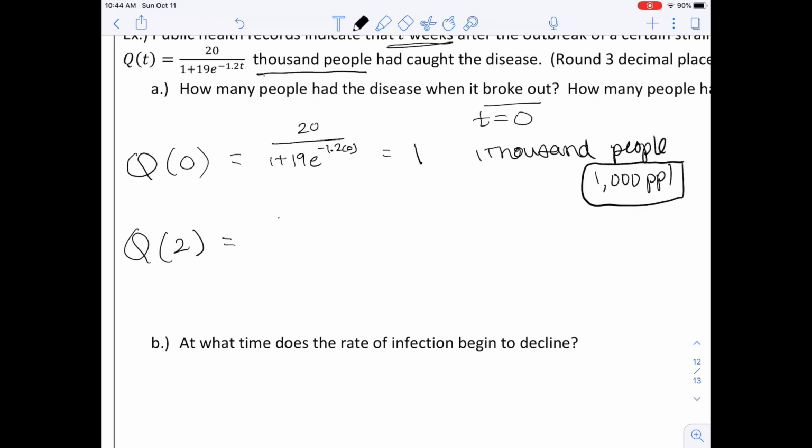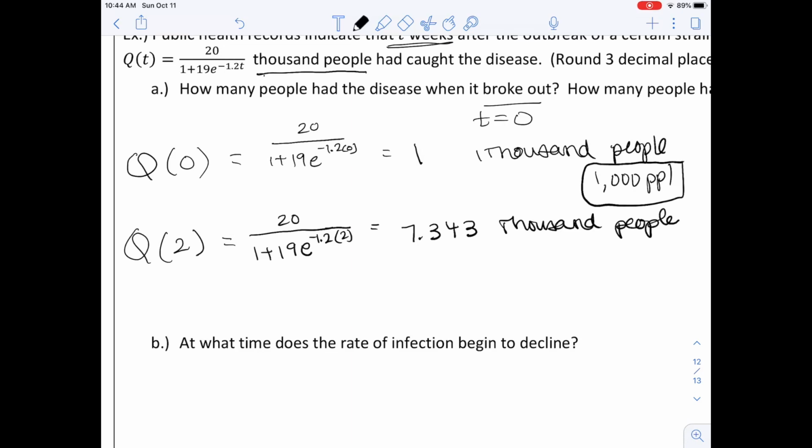2 weeks later, we have 1 plus 19e to the negative 1.2 times t, and this time t is 2. So working this out, we get 7.343. And again, this is in thousands of people.